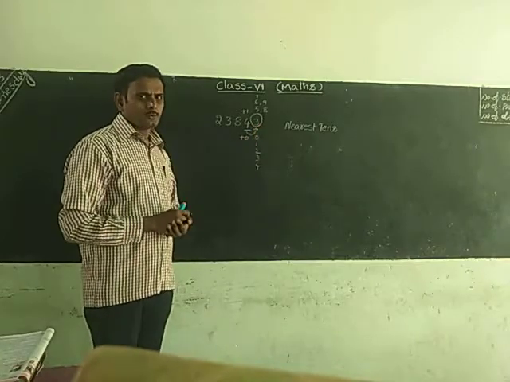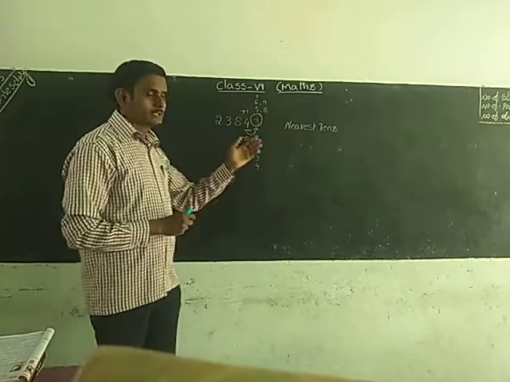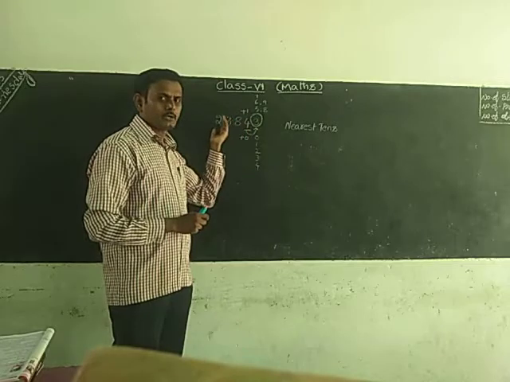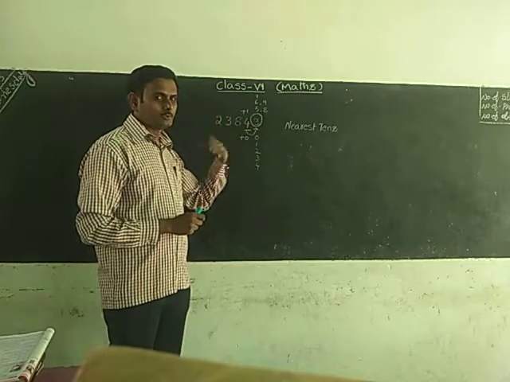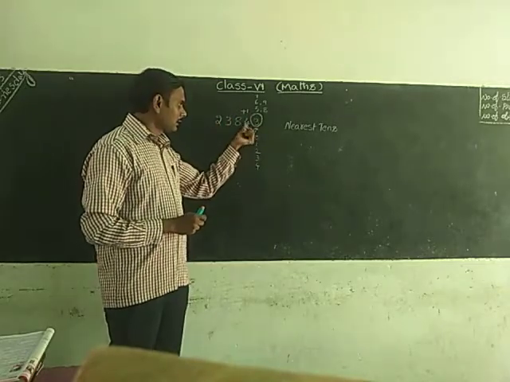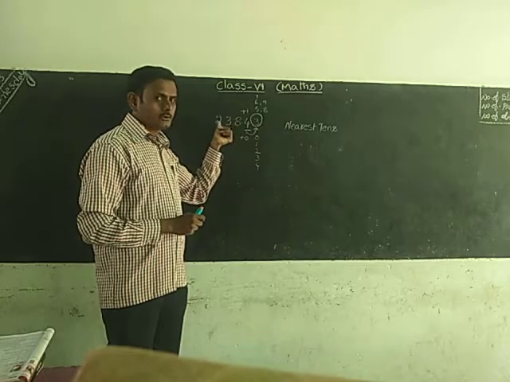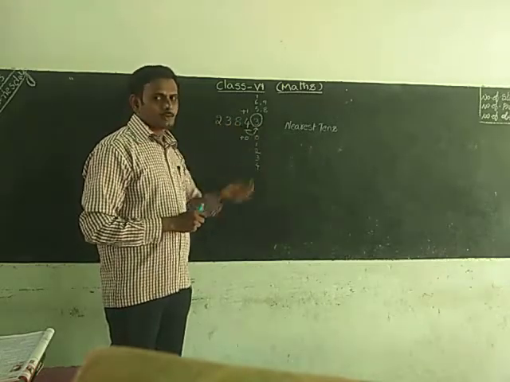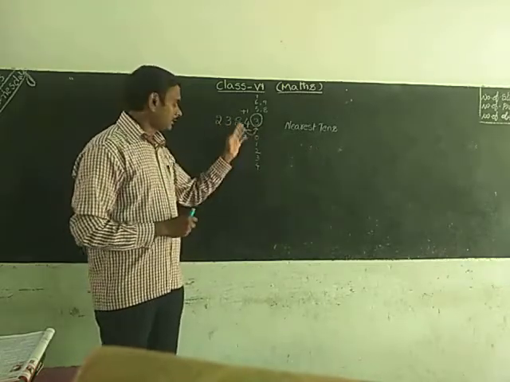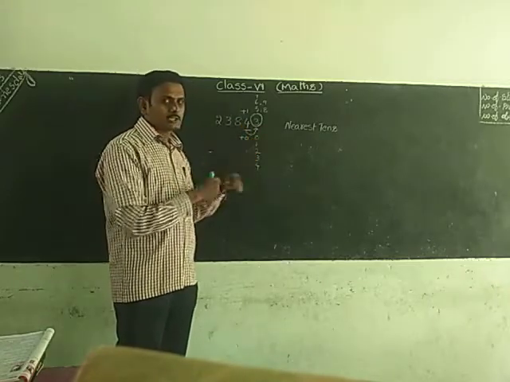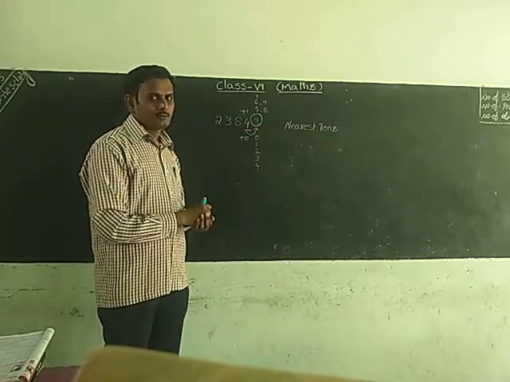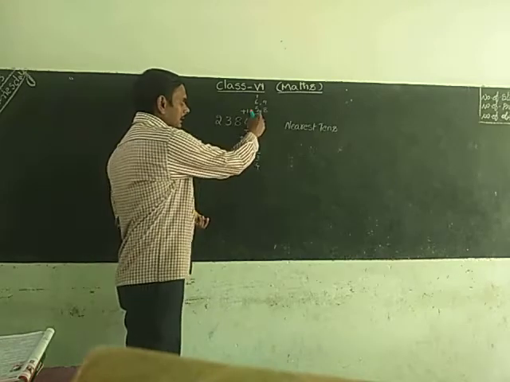You already know the Indian system: ones, tens, hundreds, thousands, ten thousands. Remember up to that; later we can discuss the meaning also. Underline the tens place, and the number on the right side of the underlined number, circle that one.